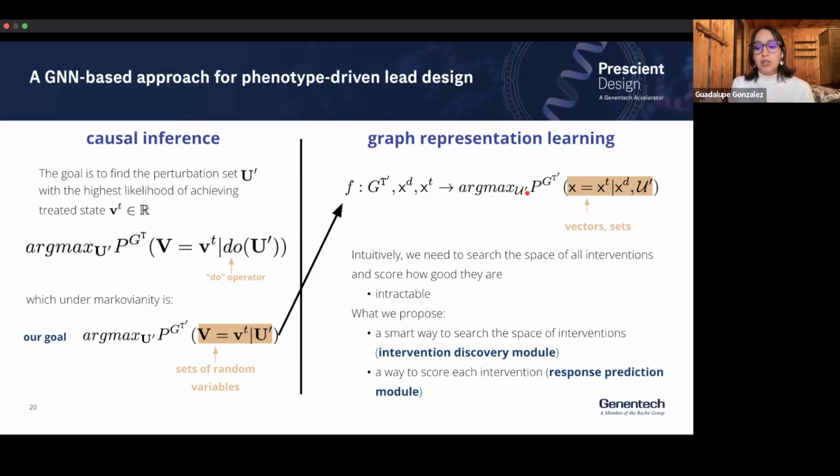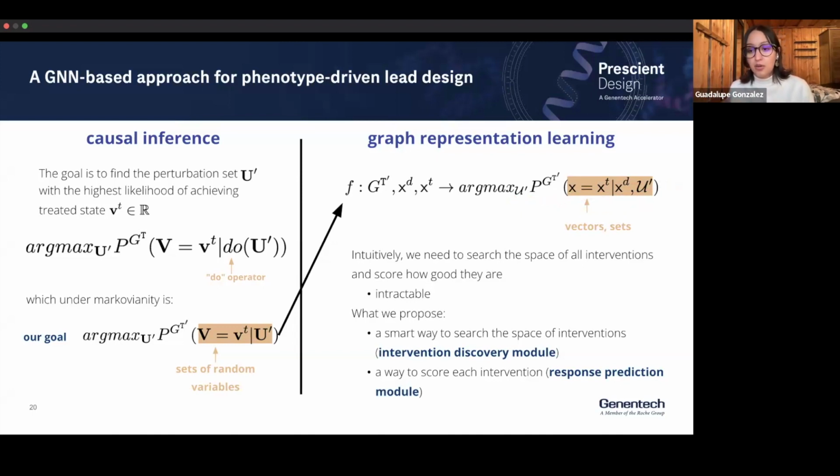So let's say we have all the possible genes and we predict this probability given that U prime is equal to gene 1 or gene 2 or gene 3 and so on, and try all the combinations, and we can have all the values of this probability. So then finding the U prime that maximizes this probability is very easy, right?